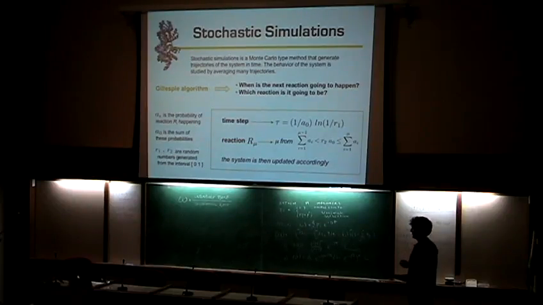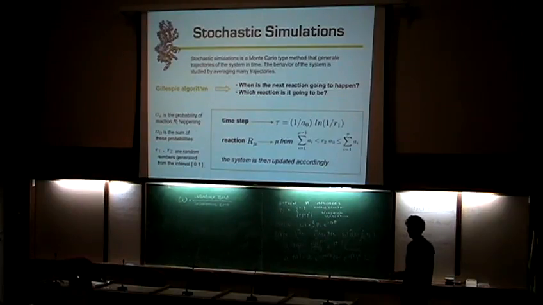So basically what you do is at any given time you ask two questions. First, what's the next reaction to happen? You have all the probabilities of them happening, so you generate a random number and pick one of them accordingly. Then you ask how long it will take for this next reaction to happen, and again you pick another random number and pick a time step accordingly.